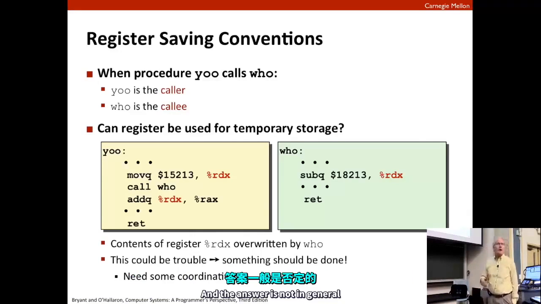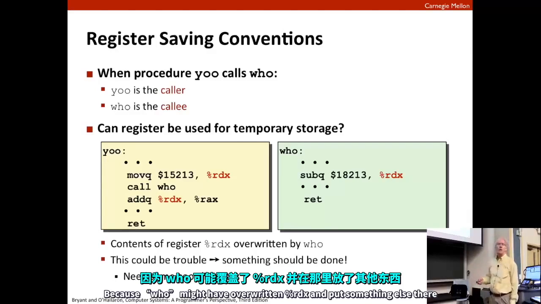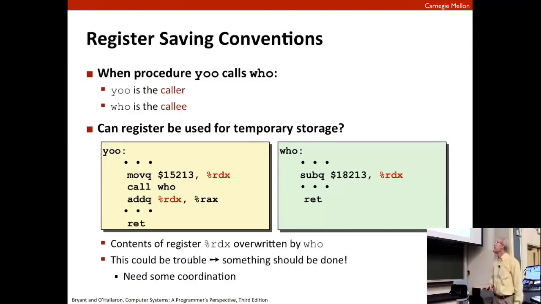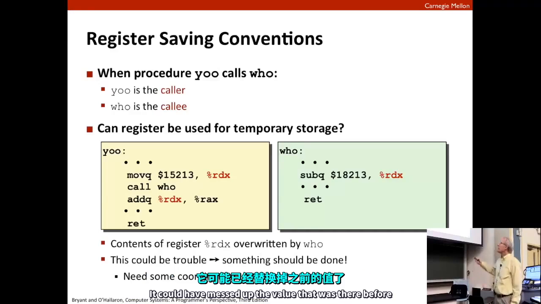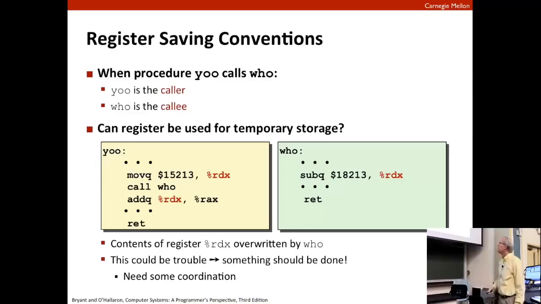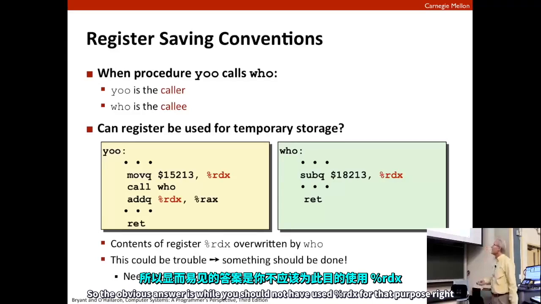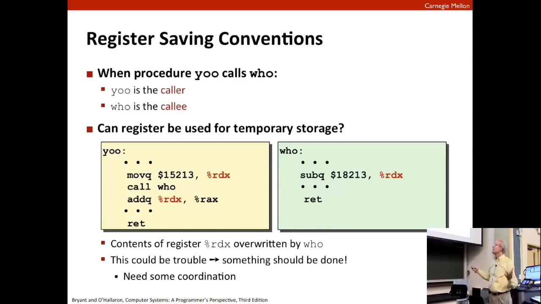And the answer is not in general, because who might have overwritten RDX and put something else there. So in particular, if who did some operation involving register RDX, it could have messed up the value that was there before. So the obvious answer is, well, you should not have used RDX for that purpose, right?